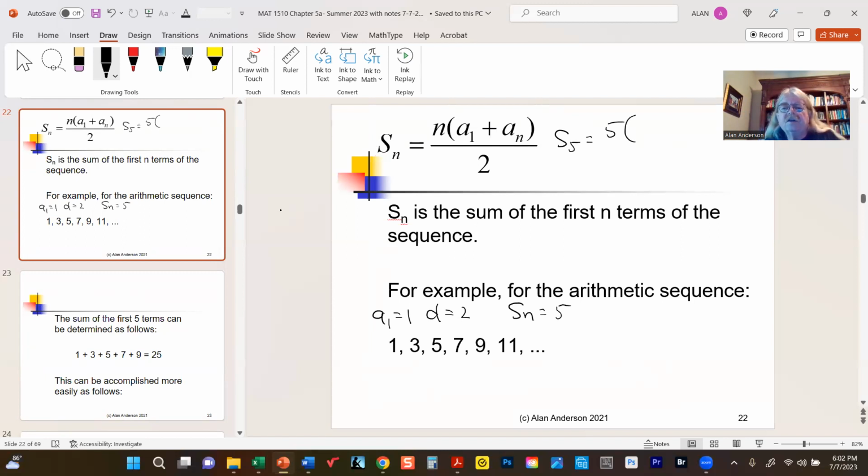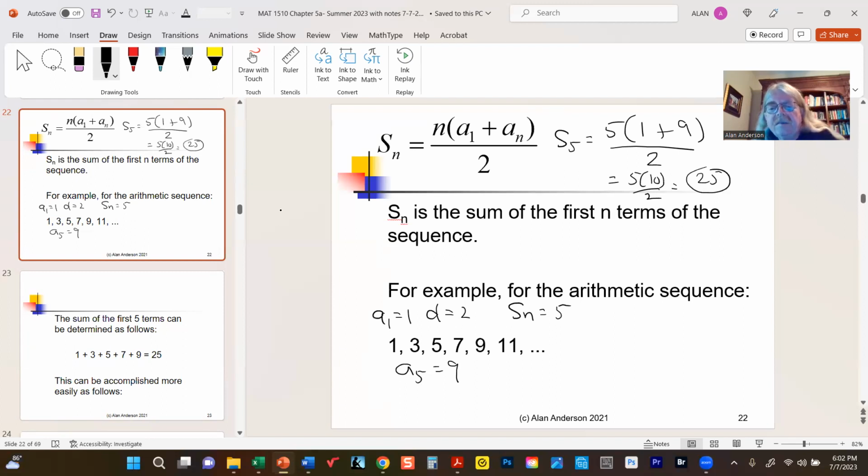If we're looking for the first 5 terms, we need A5, which you can see here is 9. So A1 is 1, A5 is 9. That gives 25. Now, you can manually check this, and you'll see they do add up to 25.